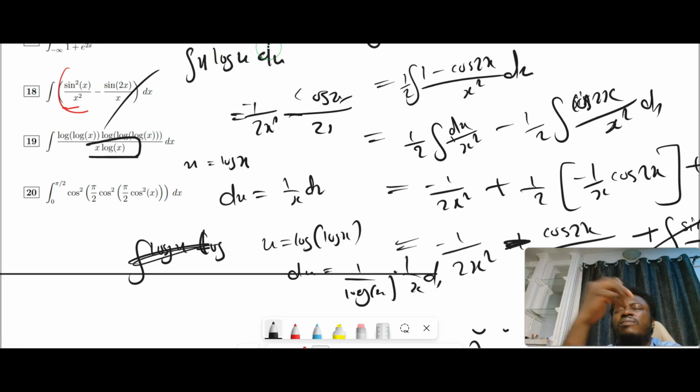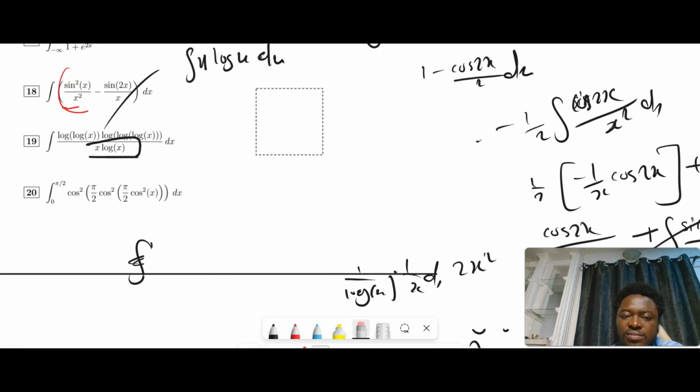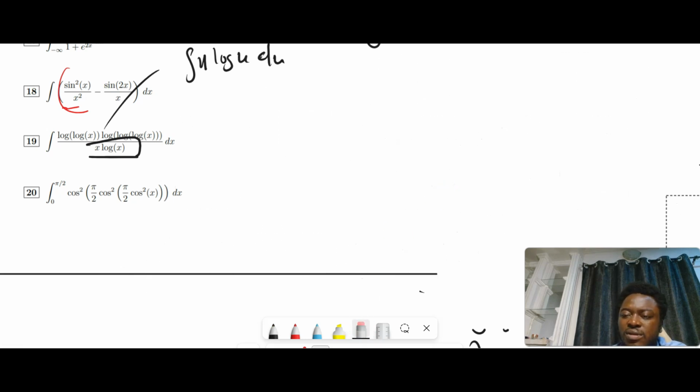Okay, this can be done by integration by parts. Let's just do it though. So that would be u squared over 2 log u minus the integral of 1 over 2 u squared times 1 over u du.